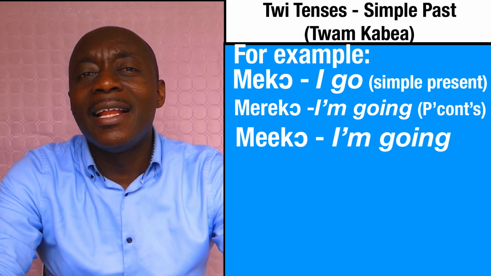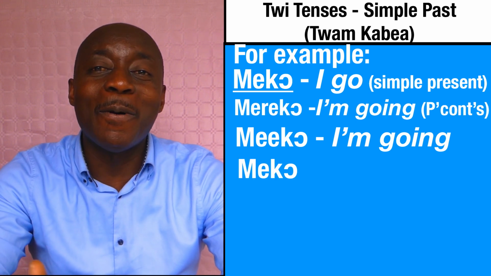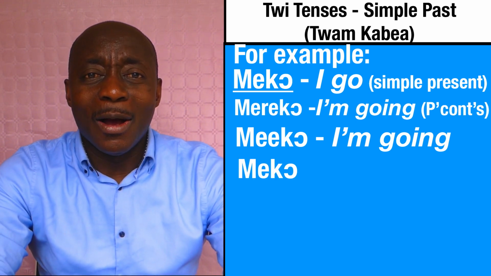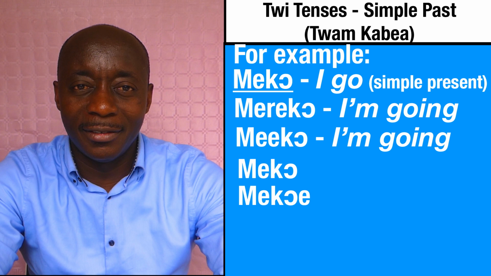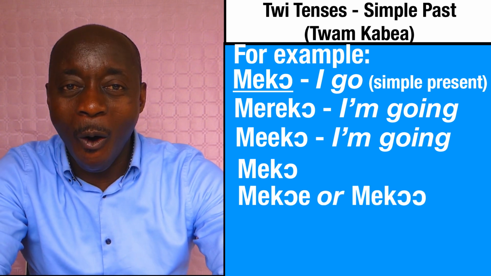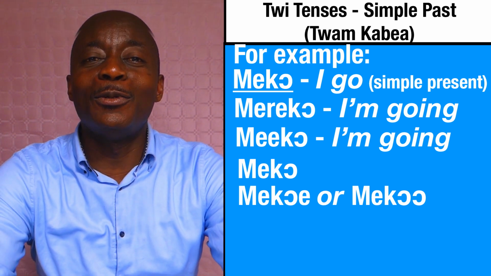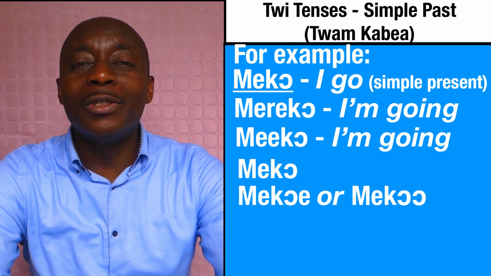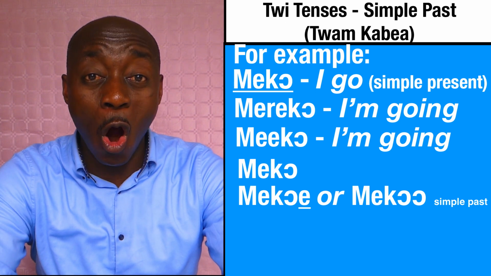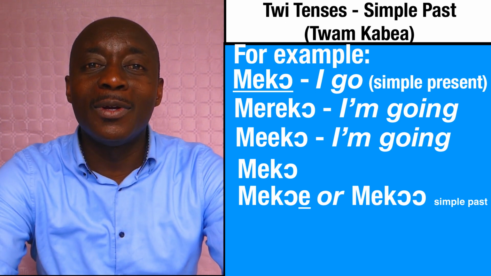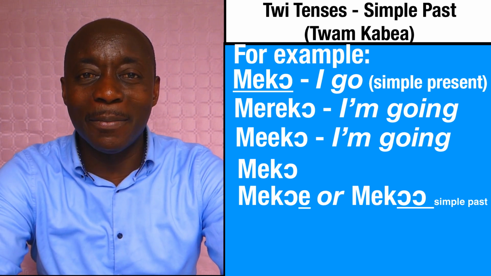Good. Let's take this meko and try to convert it into simple past. In simple past tense, I will say mekoi or meko. So to construct or make a statement in a simple past, you have to do two things. You would either have to add e or i to the verb, or you will have to double the vowel that ends the verb. Here is an example.